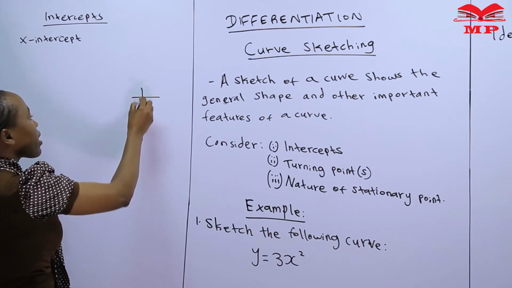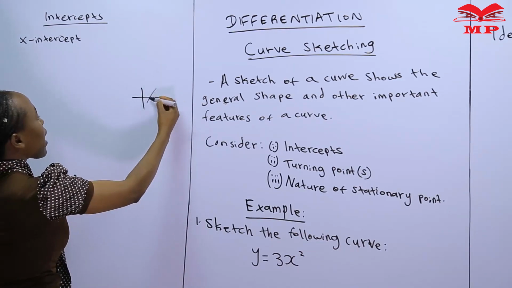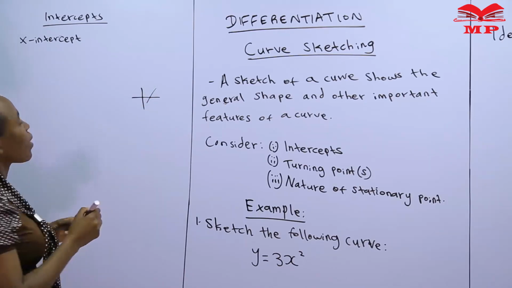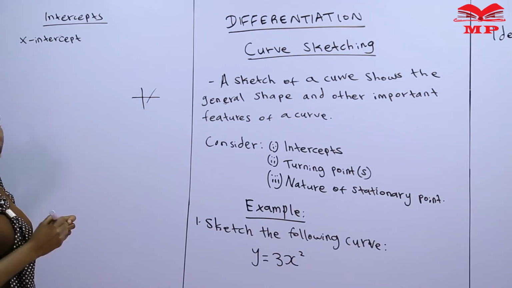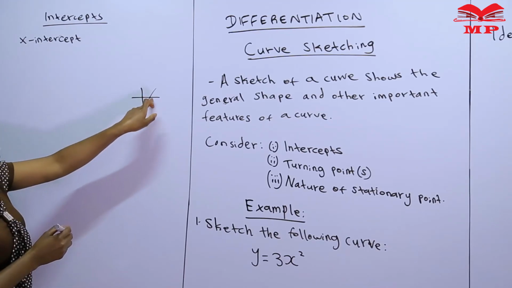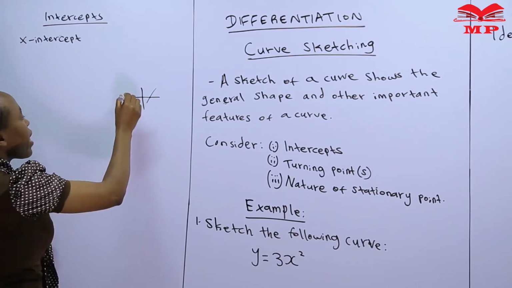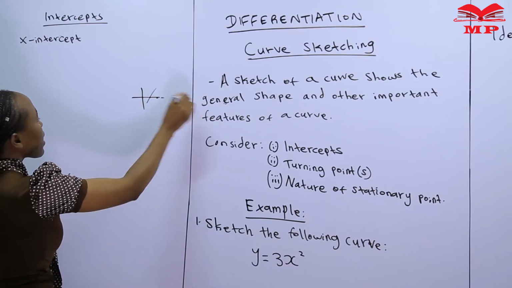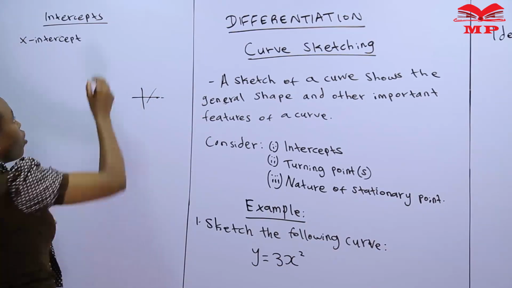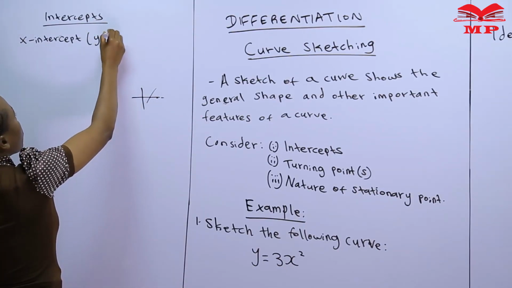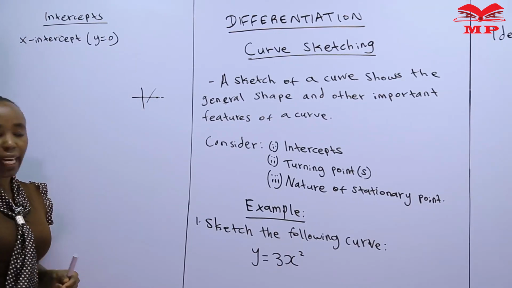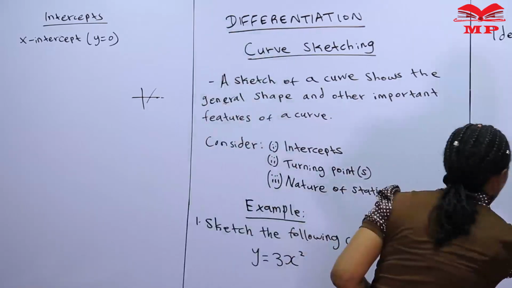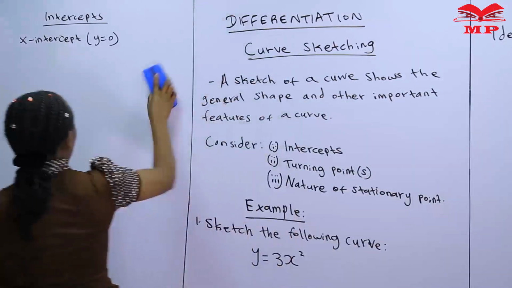And when we want to get the x-intercept, the value of y is 0, because at any point on the x-axis, the value of y is 0. So our y is equal to 0.